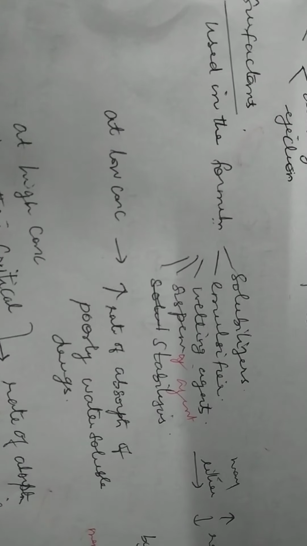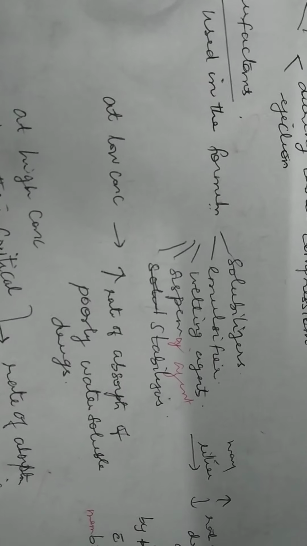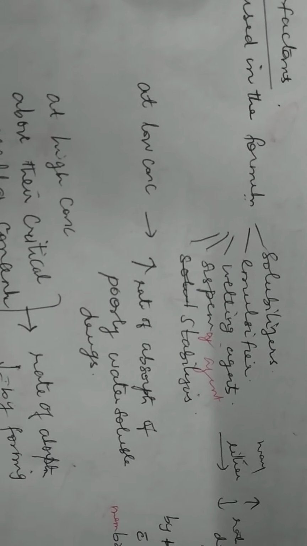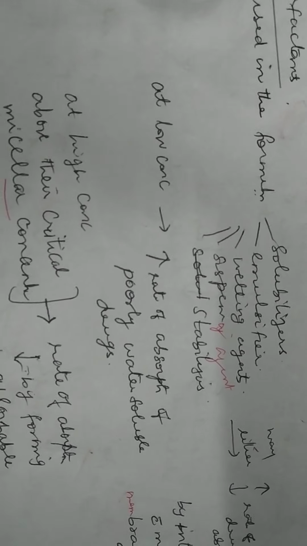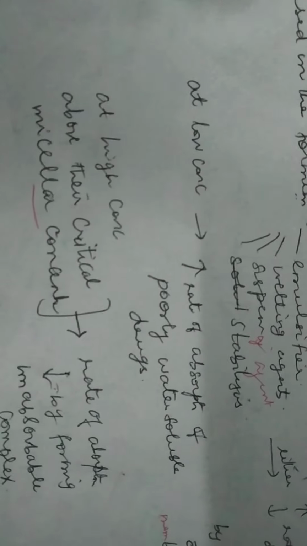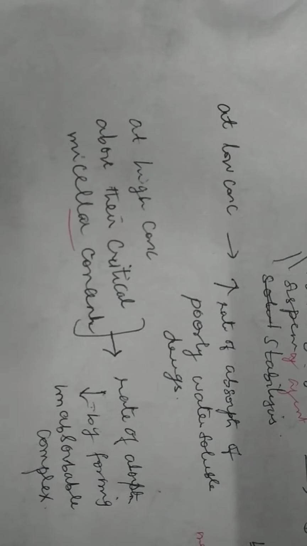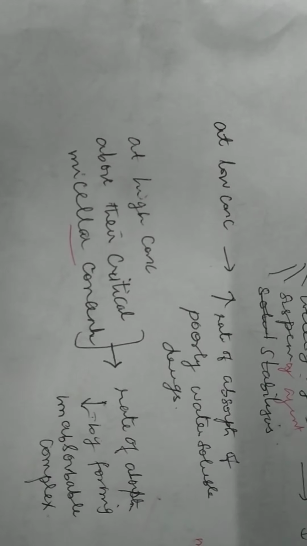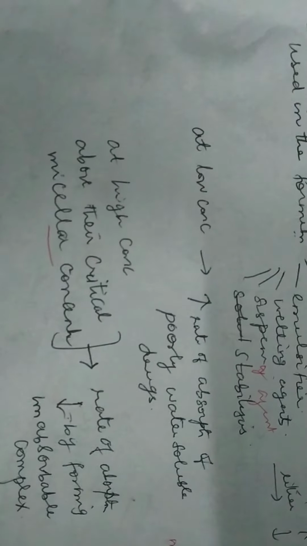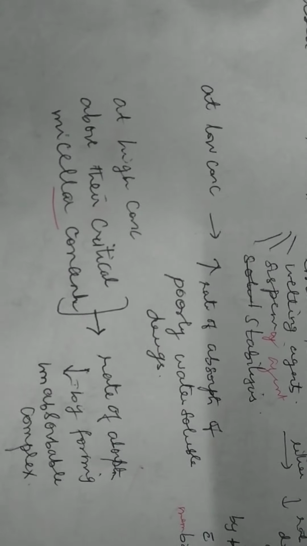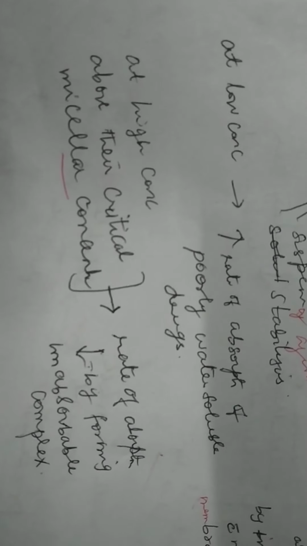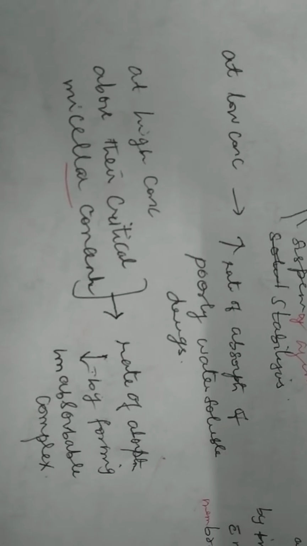At a low concentration, they may increase the rate of absorption of poorly water soluble drugs. At a high concentration, above the critical micelle concentration, which is when excessive surfactant tends to form lumps, the rate of absorption is reduced by forming an unabsorbable complex.